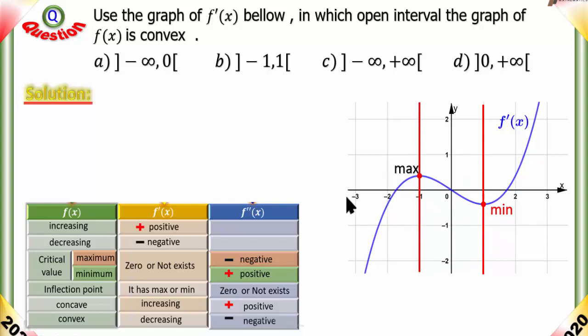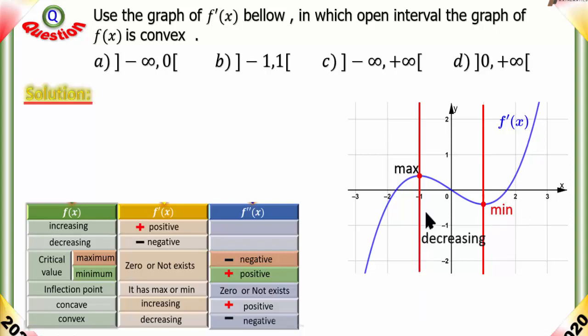The first is from minus infinity to minus 1, where the function is increasing; from minus 1 to 1 the function is decreasing; and from 1 to positive infinity the function is increasing too.